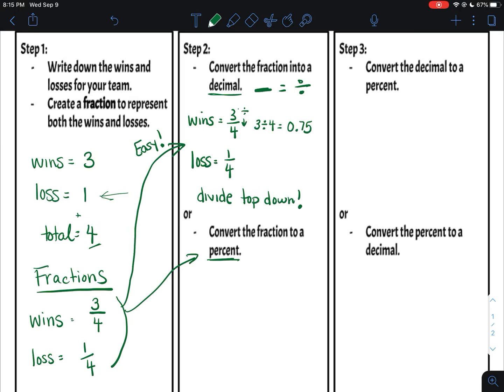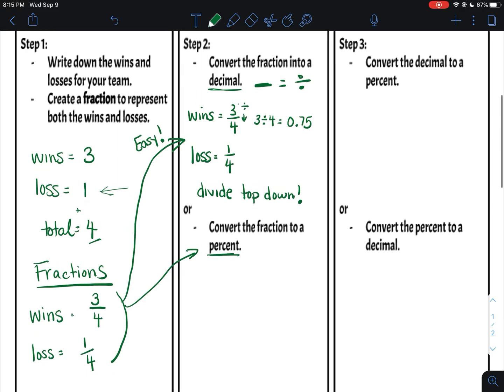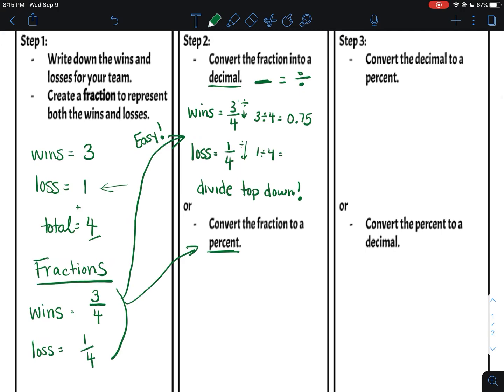Same thing with losses. You want to divide top down. So 1/4 is 1 divided by 4. Go ahead and try that in your calculator. You should get 0.25.